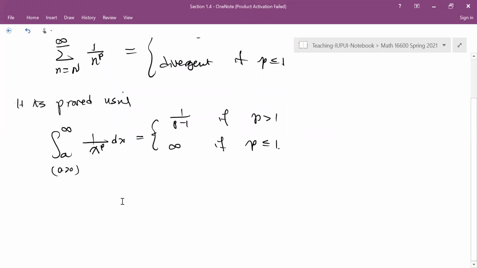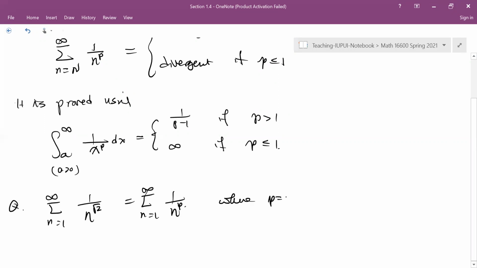So using that, if you're given this series, whether it is convergent or divergent is obvious now, because this is just a p-series where p is square root 2.